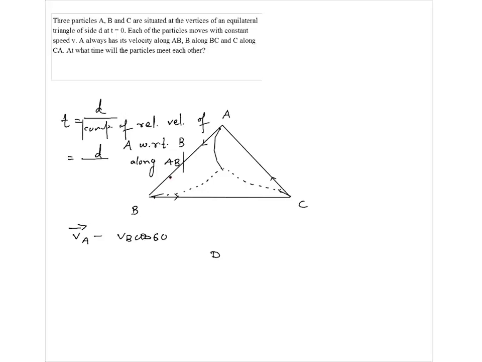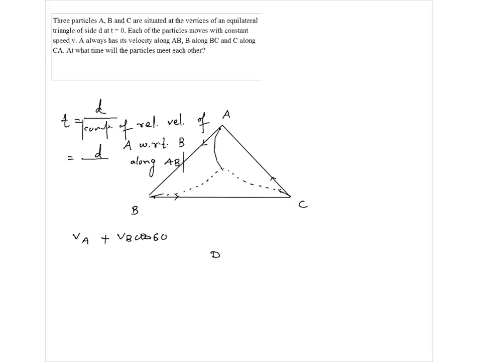Yes, that is along BA. That will be subtracted. In fact, added, eventually speaking, because when two velocities are in opposite directions, they add. Relative velocity when we find, then they add.